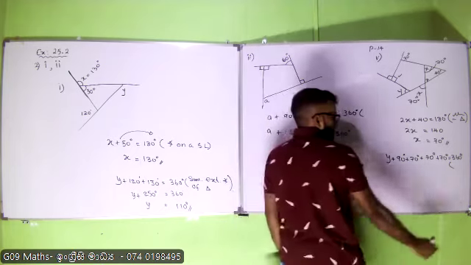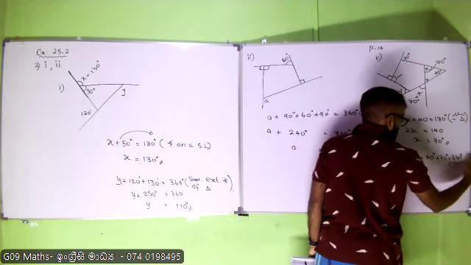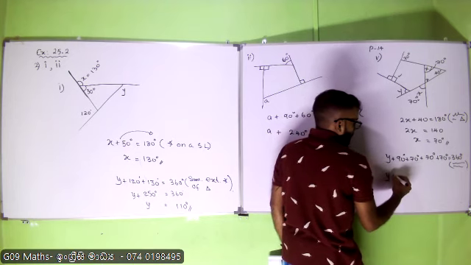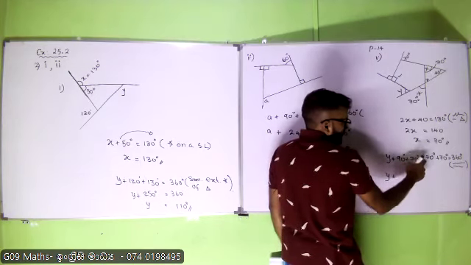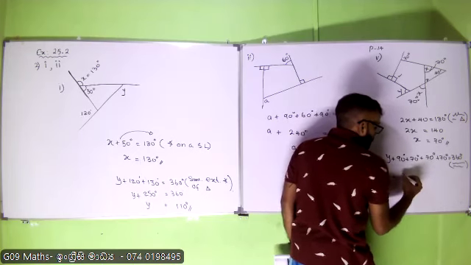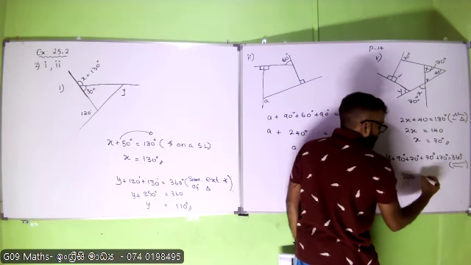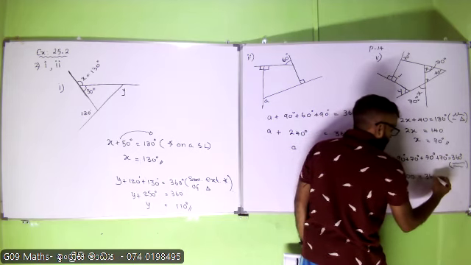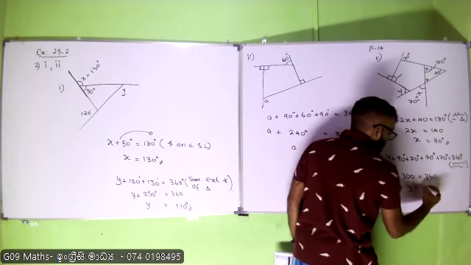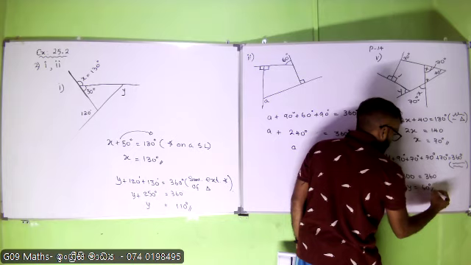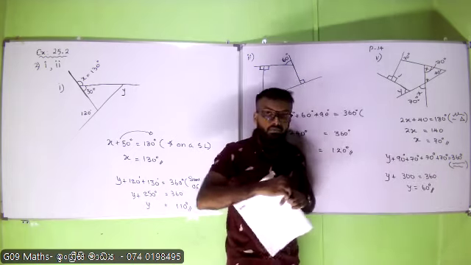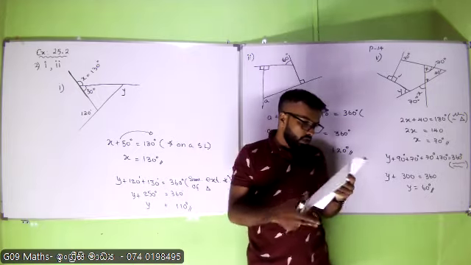So y plus 70, 70, 70, 210, 300. 300 equals 360. Take this to this side and y becomes 60 degrees. So x is 70, y is 60. Done.